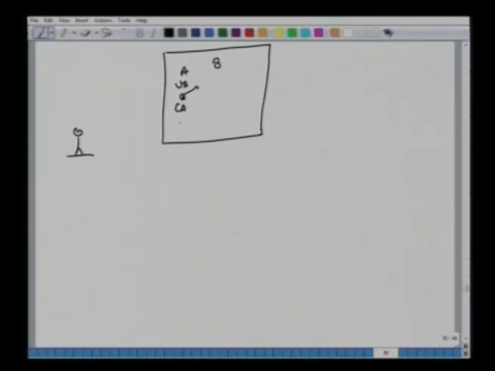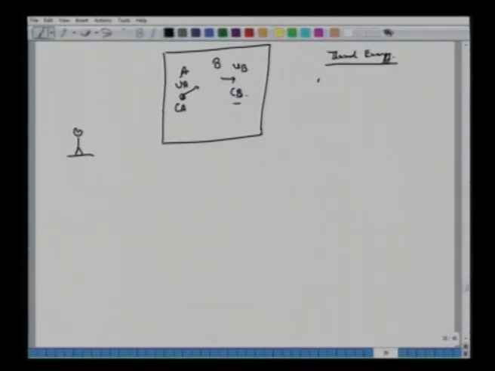Concentration at this location is maybe CA. Similarly, B here has VB, concentration is CB. So why do these molecules move in different directions? One is of course thermal energy, so we are talking of random motion.